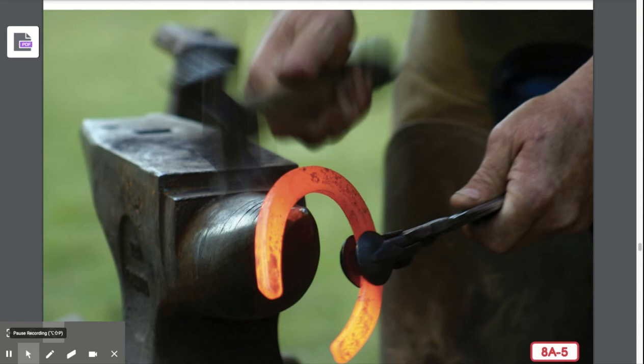Because a blacksmith lifted hammers and heavy iron pieces all day long, he was usually one of the strongest, toughest men in town. A blacksmith probably had more than his share of scars and burns from the hot metal he handled every day.